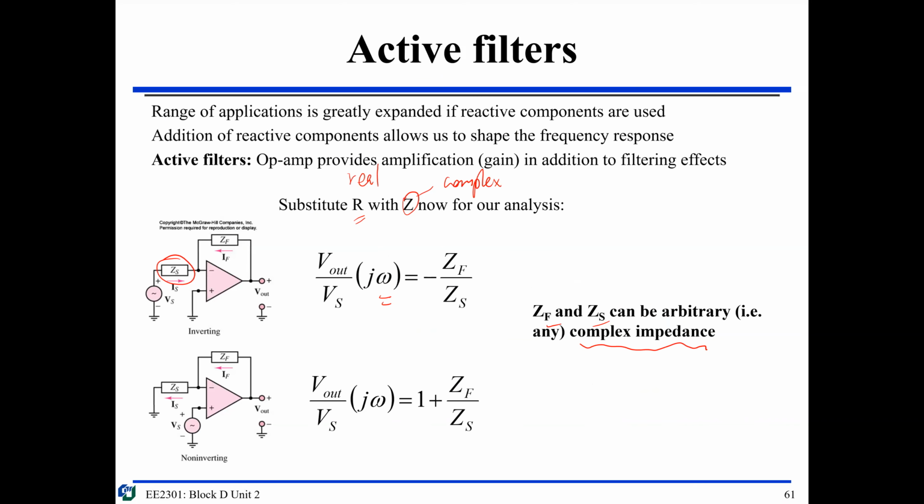So this is a warm-up for the complex case, instead of resistors. It's called impedance. Basically, you have the same idea, and we call them ZF and ZS. These are sometimes called impedance.